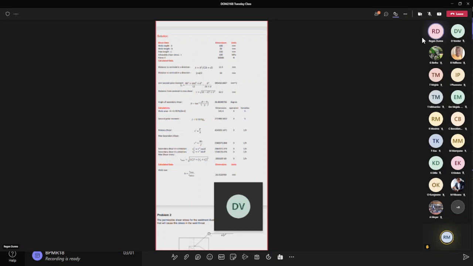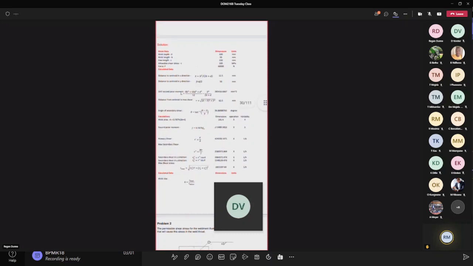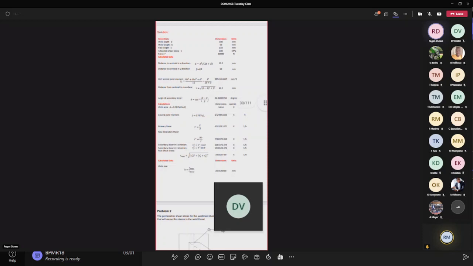So we have a maximum shear stress there, and we make H the subject of the formula, and we can solve. All right, so that's how we go about solving for the thickness H.